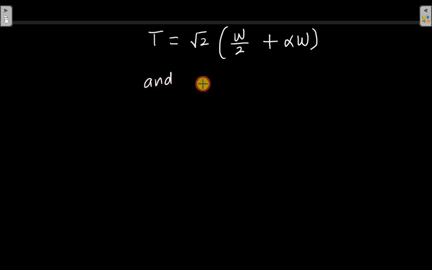Since T equal to root 2 times W by 2 plus alpha W, and T breaking will be equal to 2 root 2 W. So, if the right hand side will be less than 2 root 2 W, then the rope will not break.